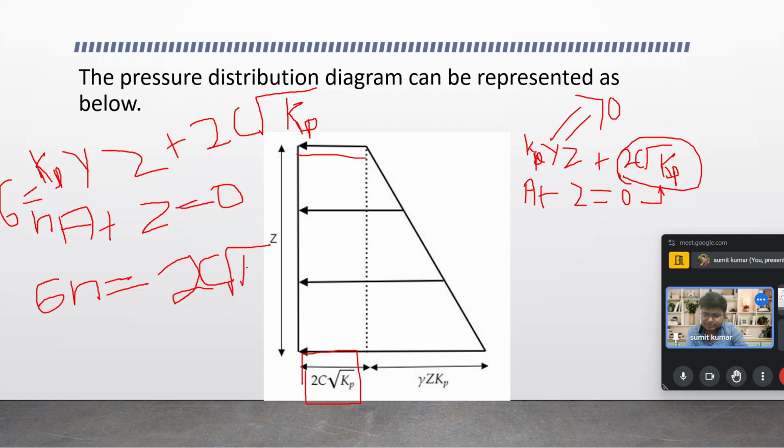Over here you can see 2c root Kp, and afterwards we draw the linear diagram and establish the interrelation which we are looking for.